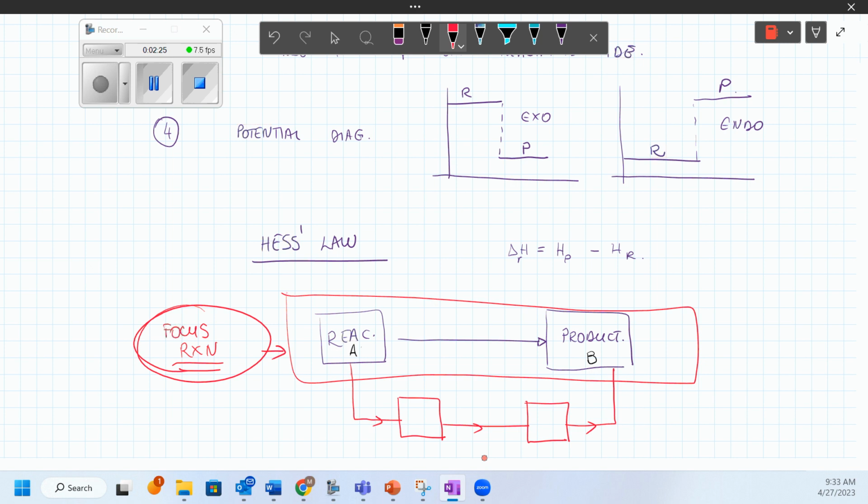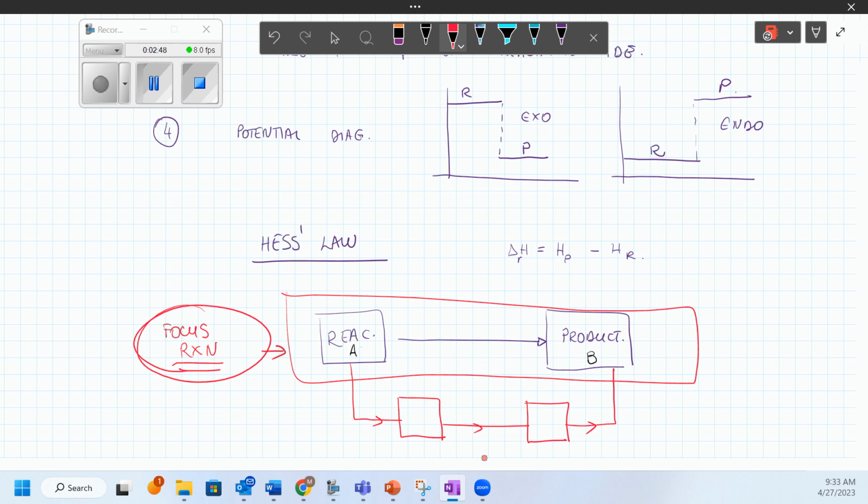So I always take those intermediate reactions and I either flip them, to have the product on the reactant side and the reactant on the product side, or I multiply them by a certain coefficient so that I am able to cancel out compounds.